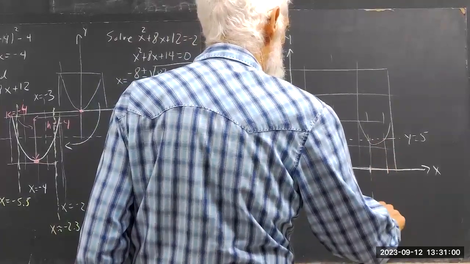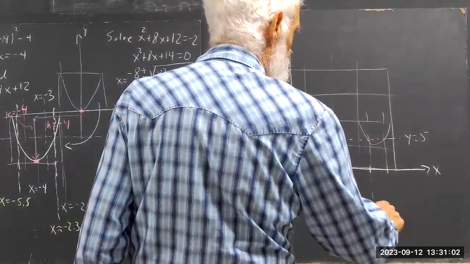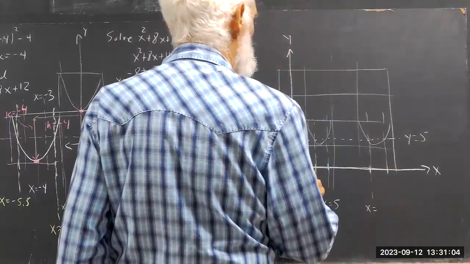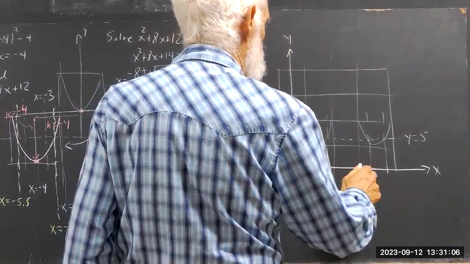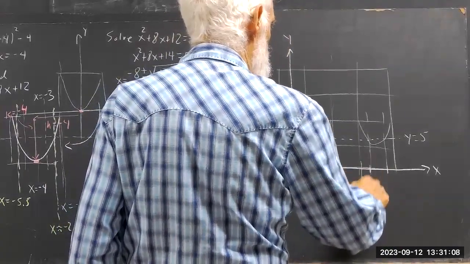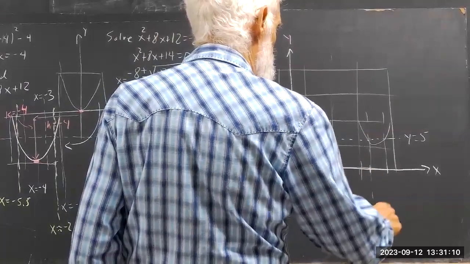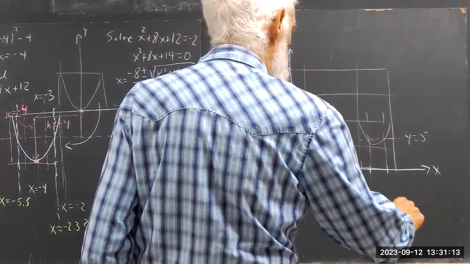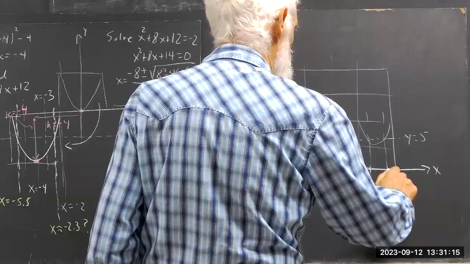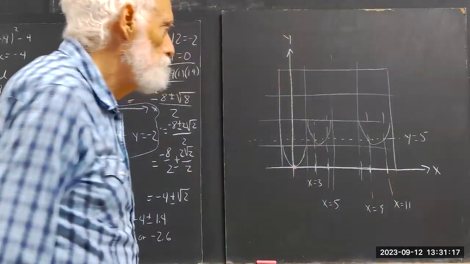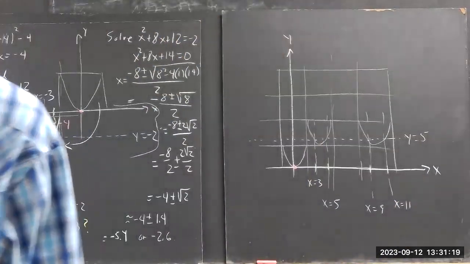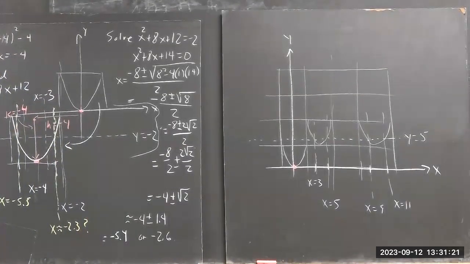Here, let's say 2, and 4 is 6, and 4 is 10, maybe x equals 9 here, x equals 11 here. You could do those estimates, couldn't you? You could draw that and do the estimates.